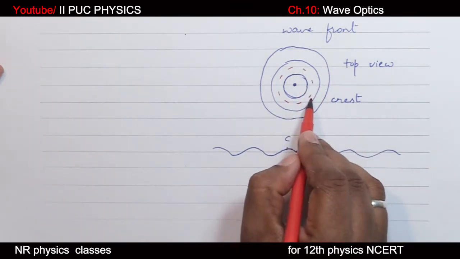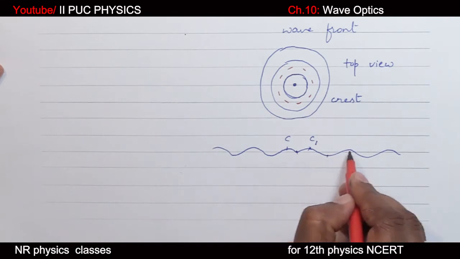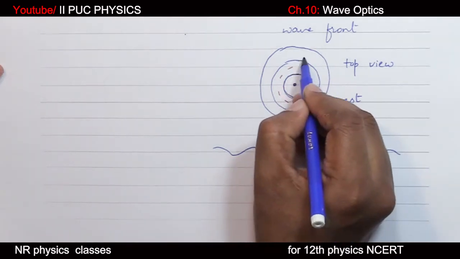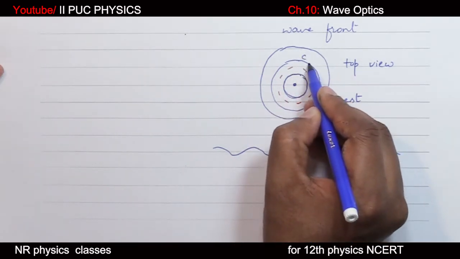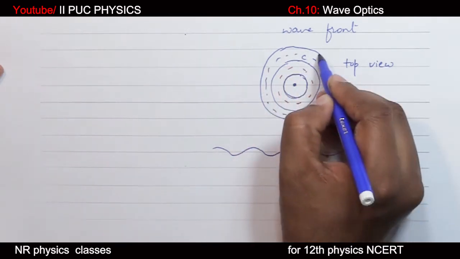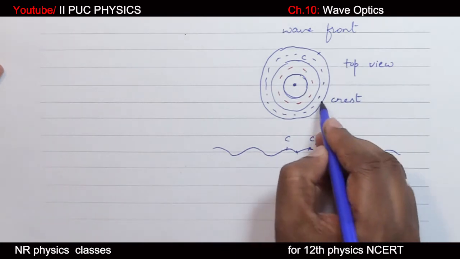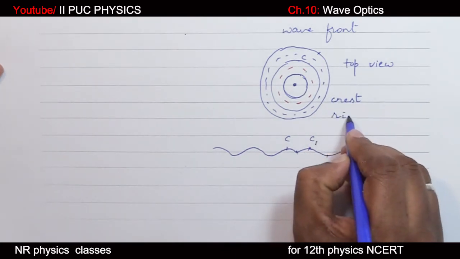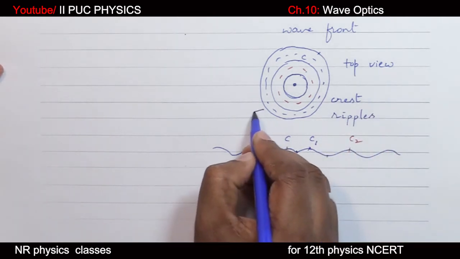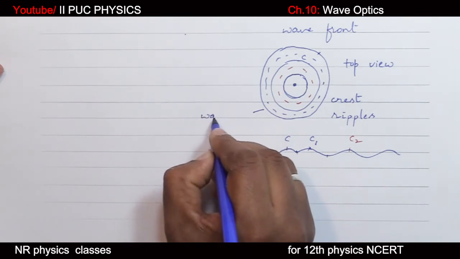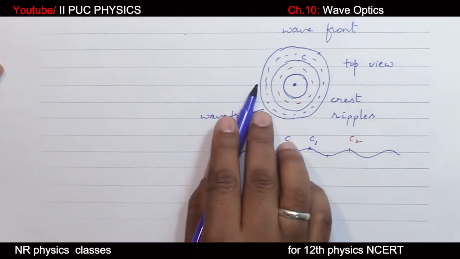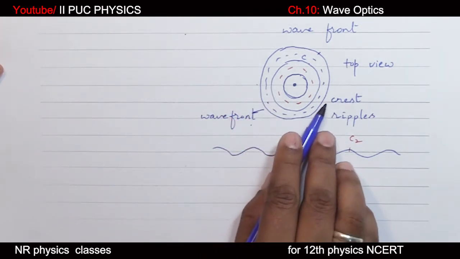So crest, trough, crest, trough. Again I should draw a dotted line. This is crest. So these are called ripples. But in wave optics we call them wavefront. So wavefront is a locus of points which are in phase.